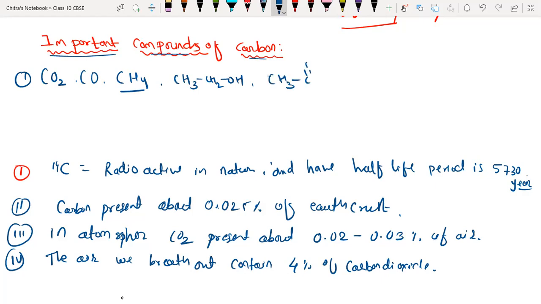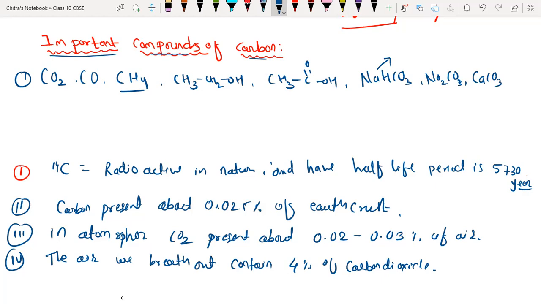Then we have CH3COOH, ethanoic acid. We have NaHCO3, sodium bicarbonate, used as baking soda. We have Na2CO3, sodium carbonate, the washing soda. Then CaCO3, calcium carbonate.